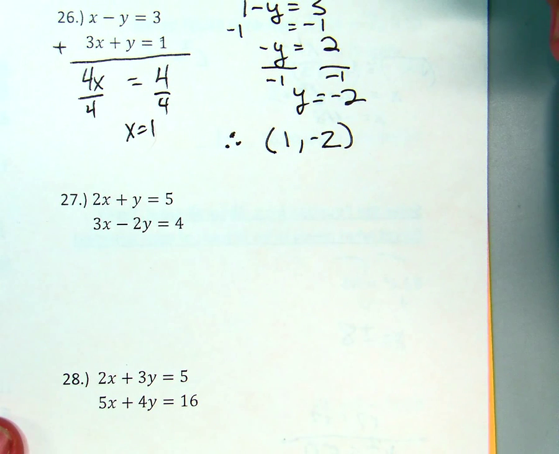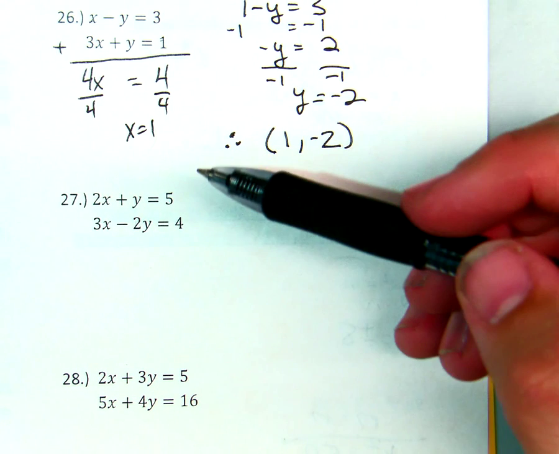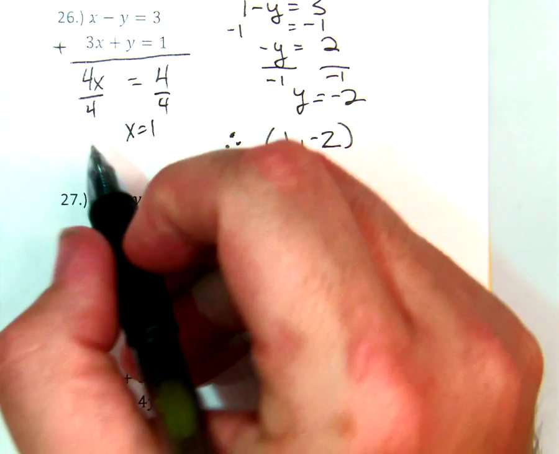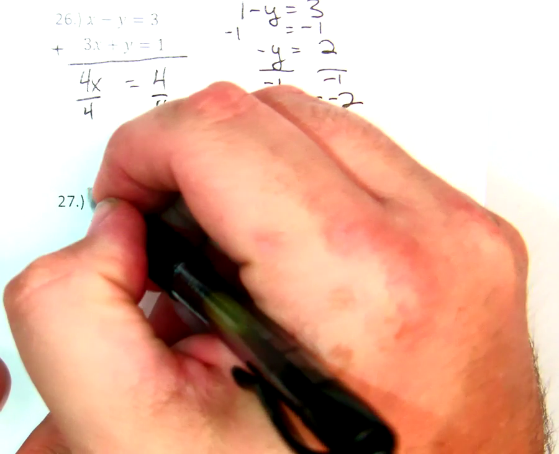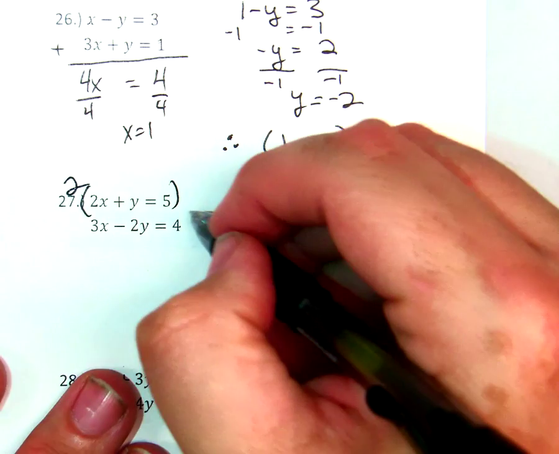All right, now, in this one, do we have opposite coefficients? No. But I can multiply the top here by a 2, and this becomes 4x plus 2y is equal to 5.